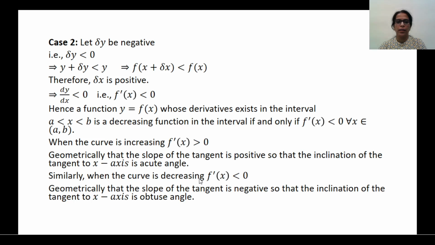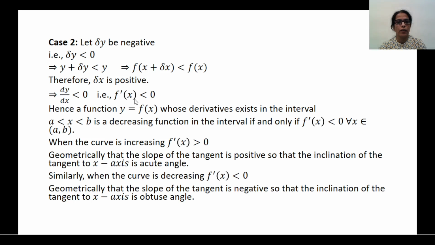Case 2. Let delta y be negative, that is delta y less than 0, which implies y plus delta y is less than y. That means f of x plus delta x is less than f of x. Therefore, delta x is positive, which implies dy by dx is negative, less than 0.